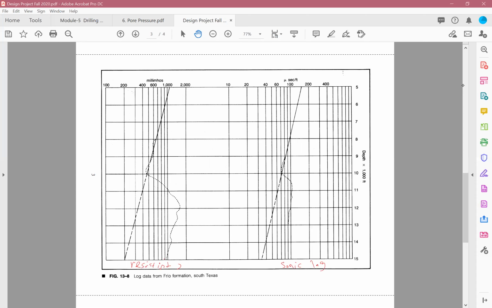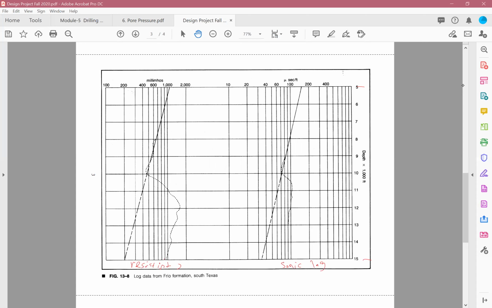So you can see it here as well. How are these measurements done? You know about well logs, right? It's a device they send into the wellbore. It sends a signal into the formations as it goes down, receives them back, and these are the results. It starts from 5,000 feet here all the way to 15,000 feet.